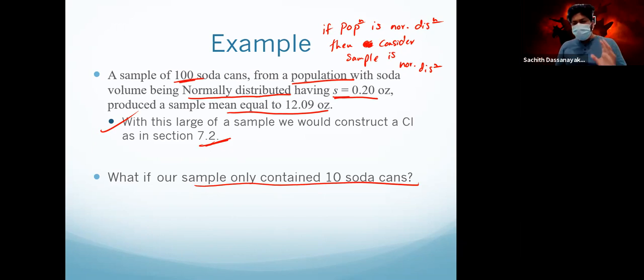If we have a large enough sample, we approximate that our sample is normally distributed, although we don't know about the population. Or like this, they have given this much sample and the population is normally distributed, so no worries, simply you can consider the sample normally distributed. So those two cases we have done. Now what happens if our sample is very small, like here, 10?